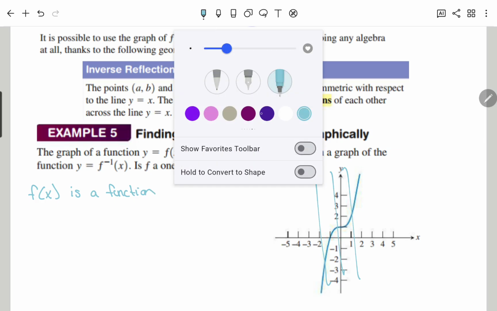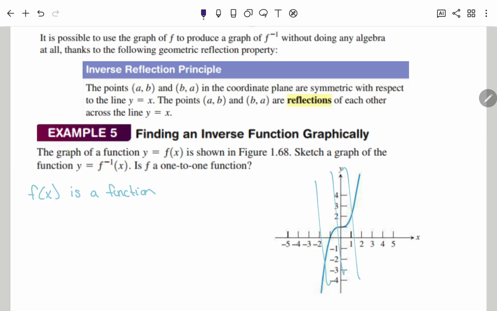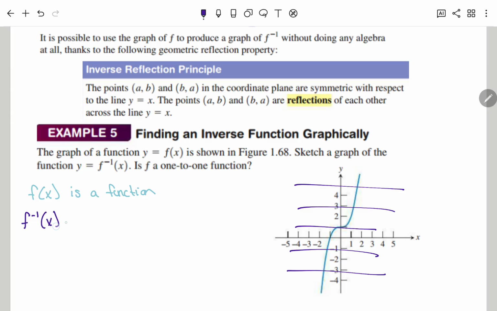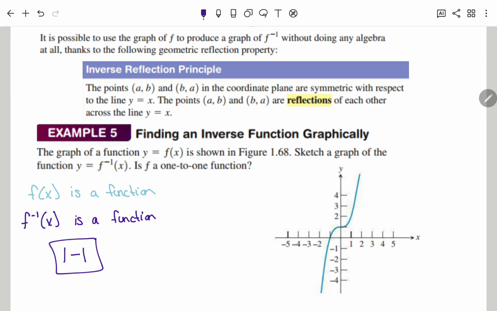Then let's look at our horizontal line test. Is it going to pass? Yes. That tells me right away that this is one-to-one. Now we just need to graph the inverse.